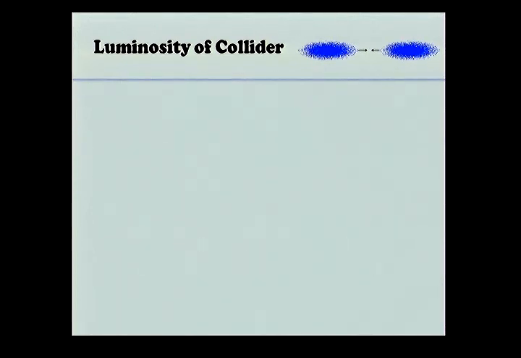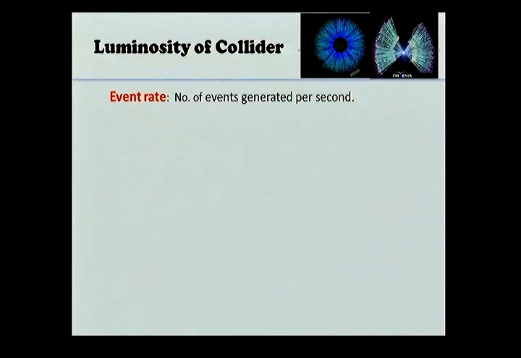Here we define that one proton hitting another proton is one event. Here I show an illustration of one event seen by the STAR detector and one event seen by the PHENIX detector.